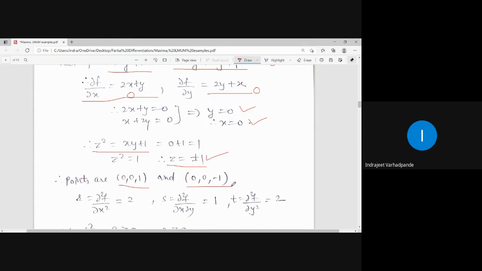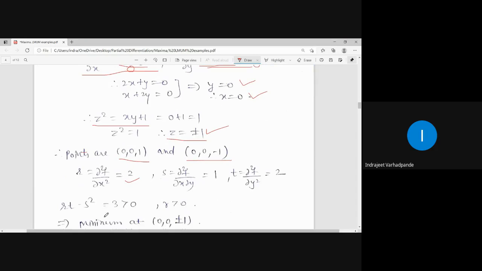Now, putting those values, calculate R, that is del 2f by del x square, which comes out to be 2. Then the derivative keeping x constant, and the mixed partial derivative. So RT minus S square is positive, and R is also positive. This fulfills the condition of minima.